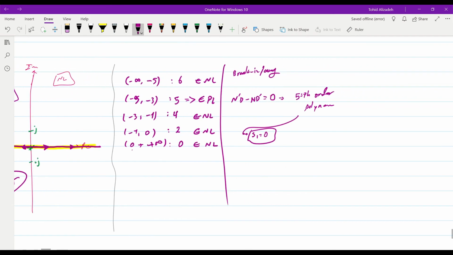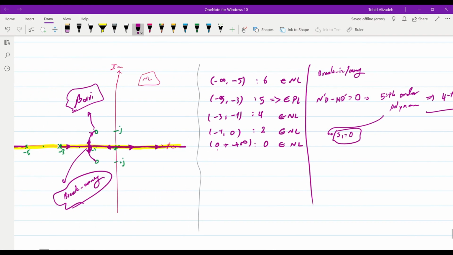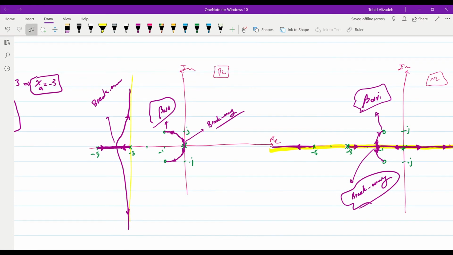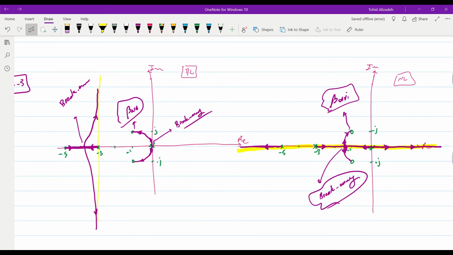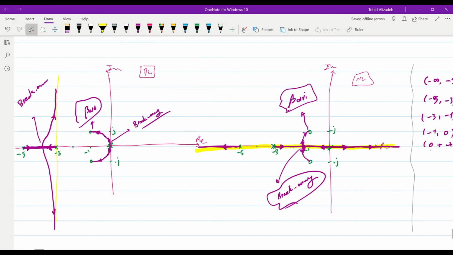If you neglect that, you will be left with a fourth order polynomial, and of the roots of that polynomial, two of them will determine the exact location of the breakaway points. But for the purpose of this example, we are not required to find the exact value. So we can just leave the drawing like this.